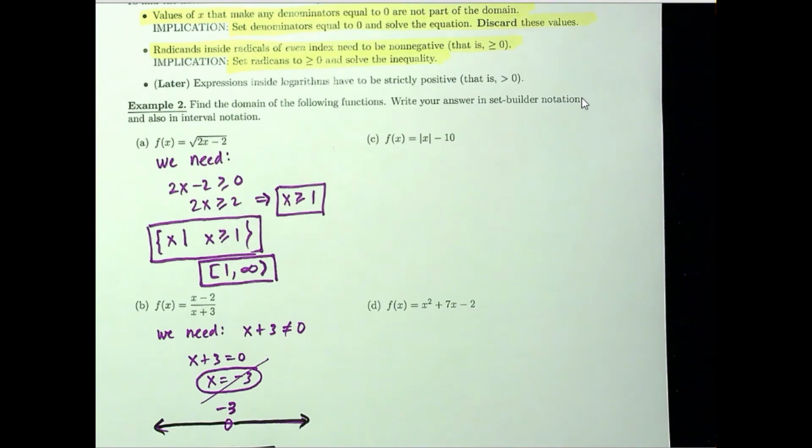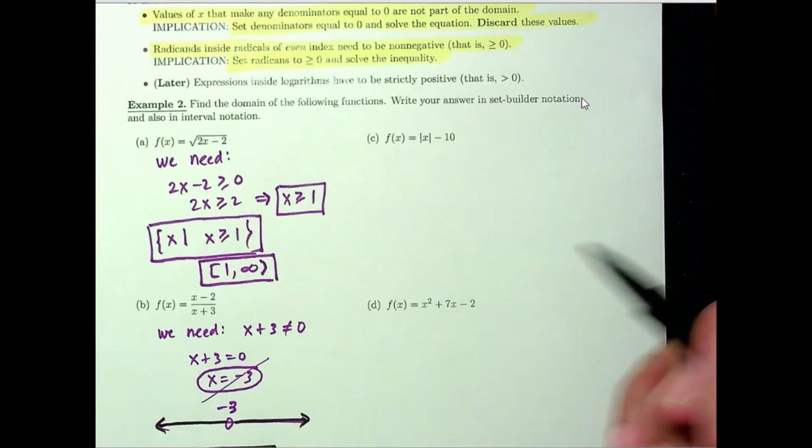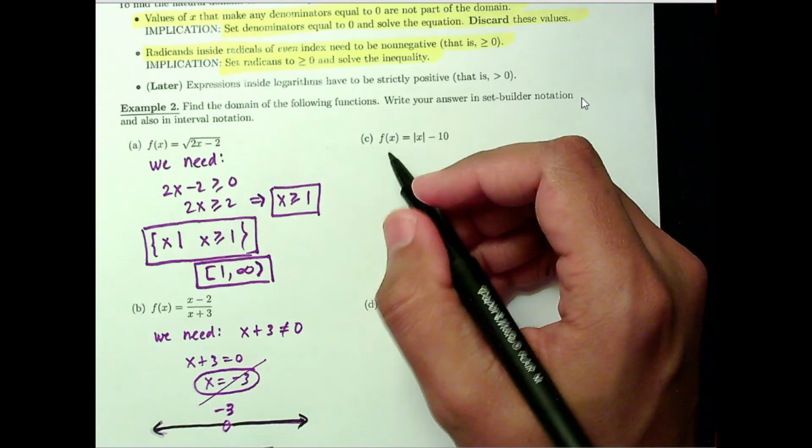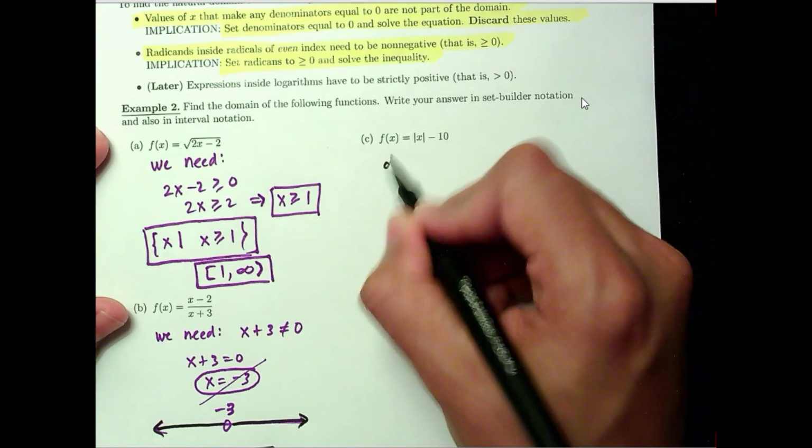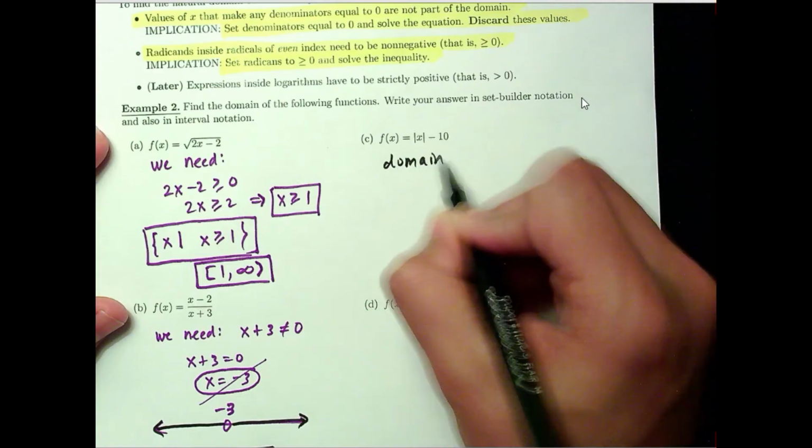And now, second bullet point is if there's radicals of even index. Well, there's no radicals of even index, so the second bullet point does not apply either. So that means there's no issues. All real numbers work. So that means the domain is everything.